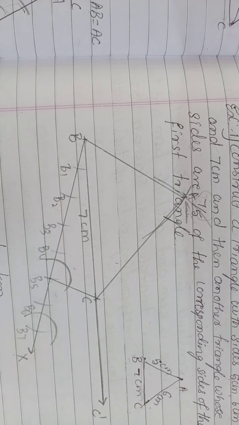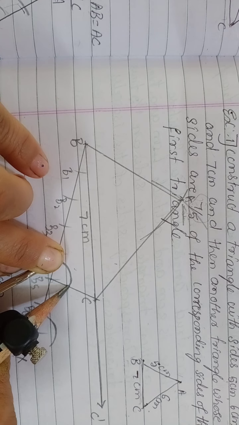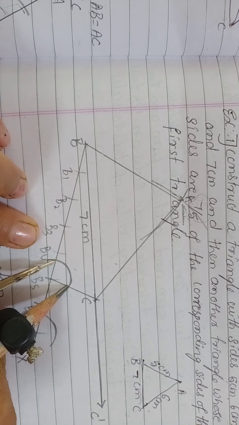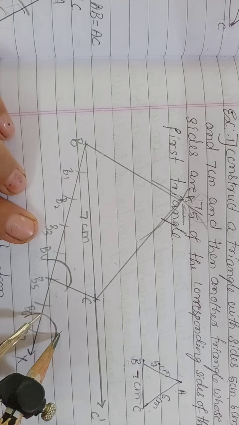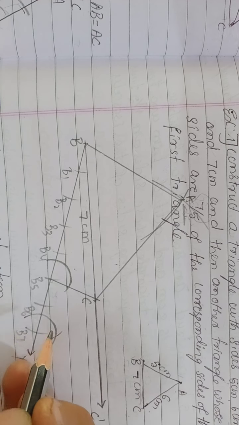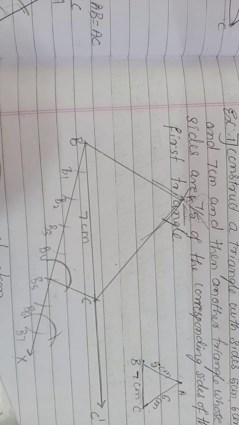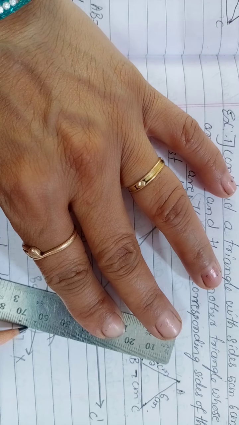Clear? Now, take the measure between this point and this point. Now, from this point, cut an arc with the same measure. Where that arc cuts, mark that point, join B7 to it and extend the line.